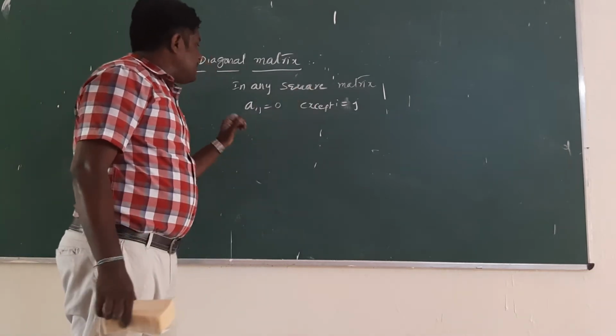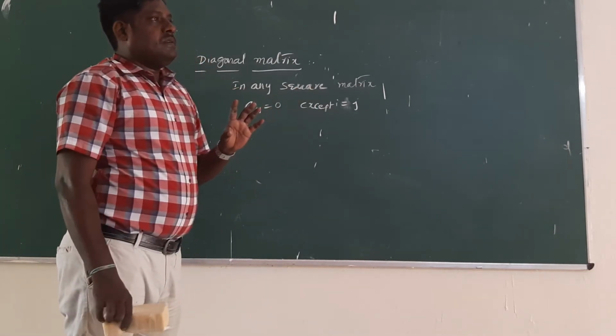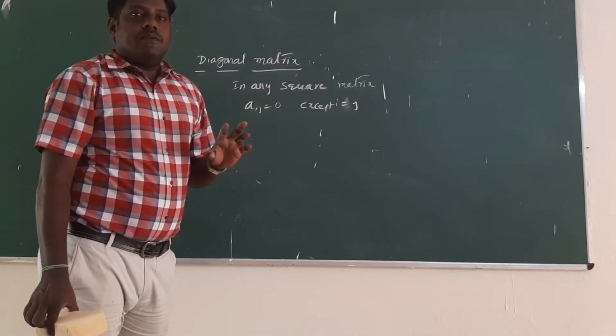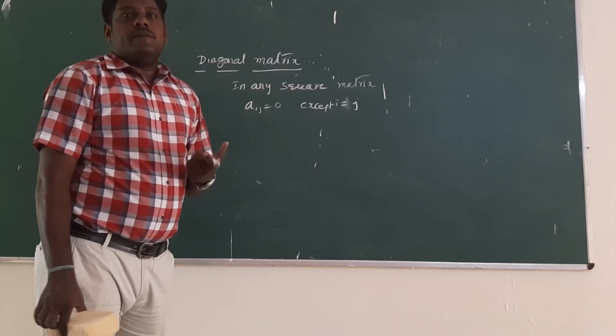In any square matrix, all elements should be 0 except the elements in the principal diagonal.